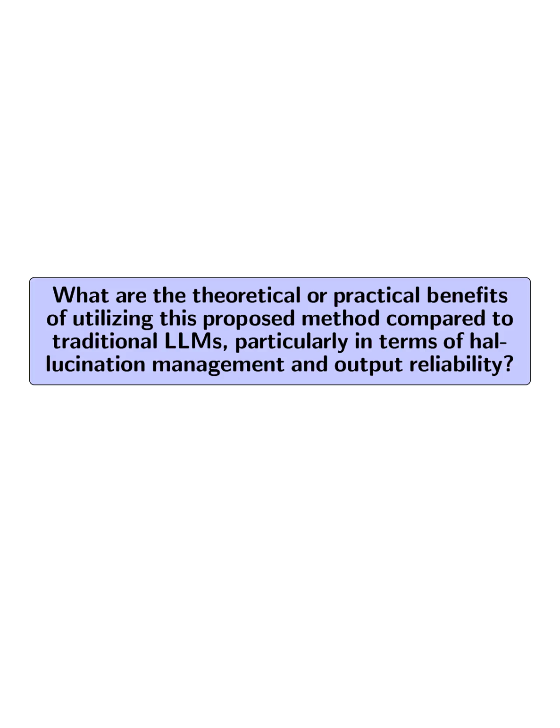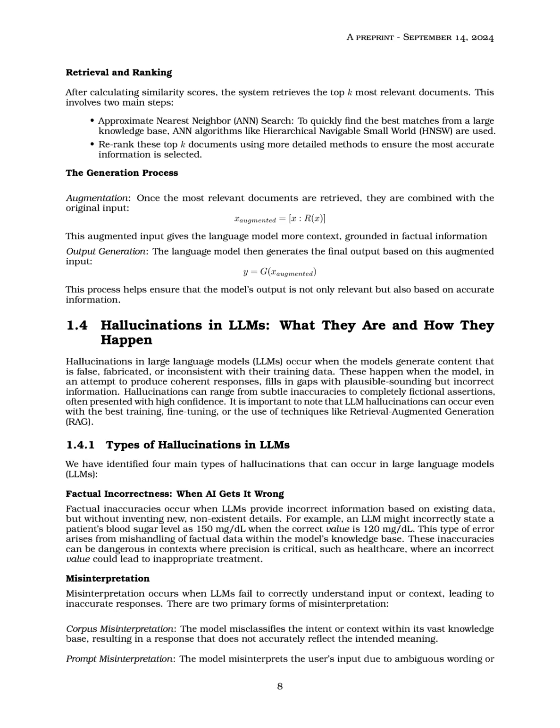What are the theoretical or practical benefits of utilizing this proposed method compared to traditional LLMs, particularly in terms of hallucination management and output reliability? The proposed methods, particularly retrieval-augmented generation, RAG, and parameter-efficient fine-tuning, PEFT, offer significant advantages over traditional LLMs in managing hallucinations and enhancing output reliability.